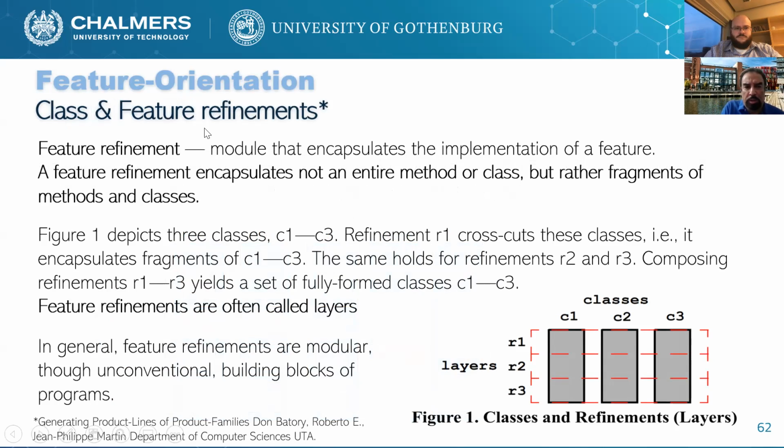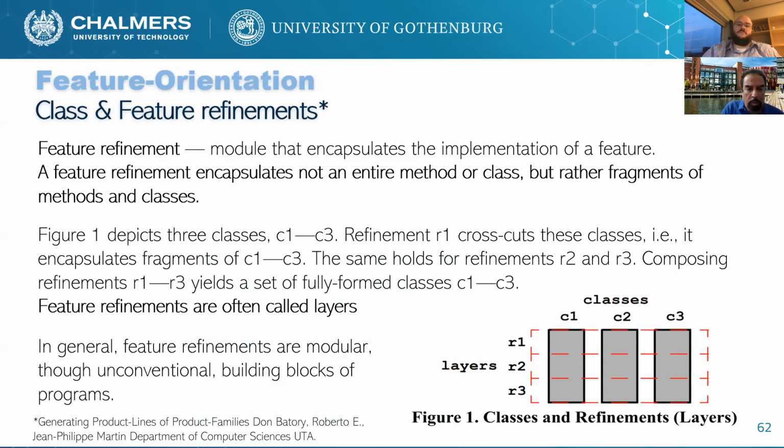Here it shows very clearly what we call feature refinement. If you cannot implement a single feature as a cross reference from different classes, you can also divide your feature. Let's say R1, R2, R3 combined can represent one feature. We call it refinement.